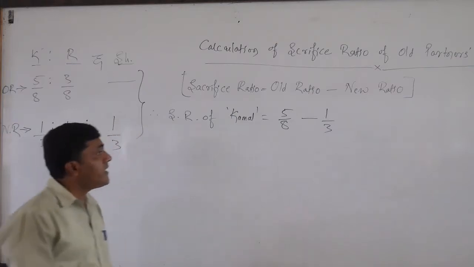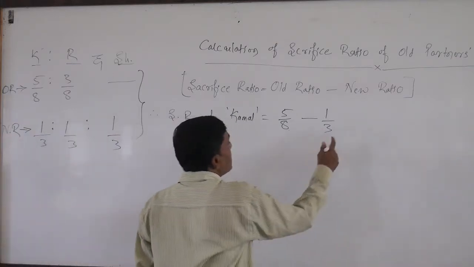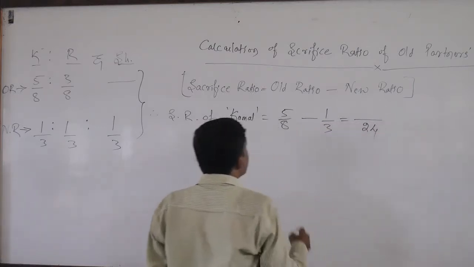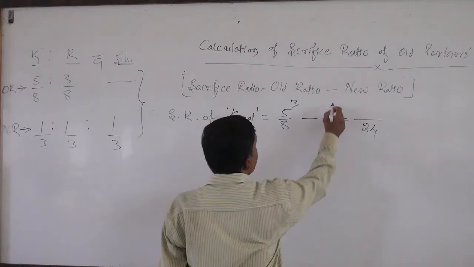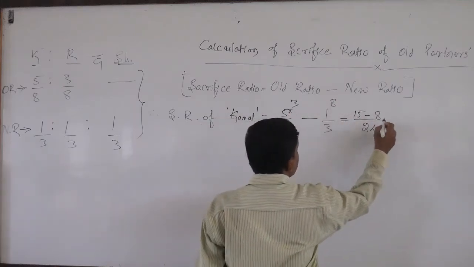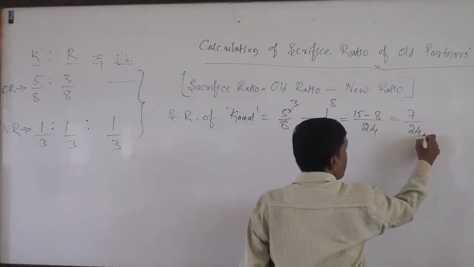Dear students, see the LCM between 8 and 3, it is 24. 8 3s are 24; 3 8s are 24; 5 3s are 15 minus 8 1s are 8. So it will be 7 by 24.